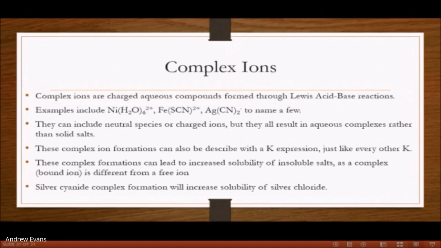Formation can lead to, now, where they can be of use is when they can lead to increased solubility of insoluble salts. The example I'm going to give is silver cyanide will increase the solubility of silver chloride, because as silver dissolves, if there is cyanide in solution, it is then taken up through a separate reaction.